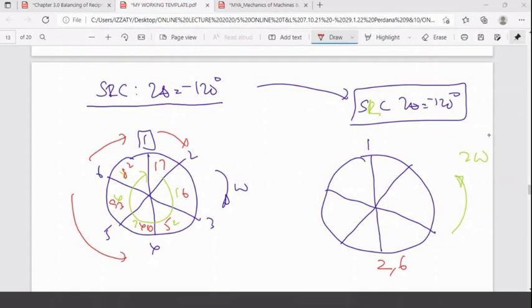How many segments does number 5 have? 2 segments, so it becomes 4 segments in reverse: 1, 2, 3, 4. Number 5. Number 4, how many segments? 3 segments, becomes 6 segments reverse: 1, 2, 3, 4, 5, 6.